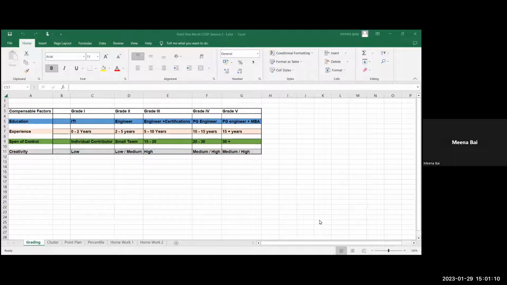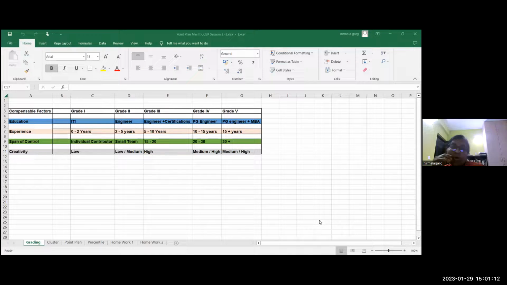Okay. Now what you're going to do is one of the methods called job grading. Job grading is a qualitative method. You're looking at the job as a whole. You're not breaking the job into various parts. So how do we go about doing job grading as a job evaluation technique?